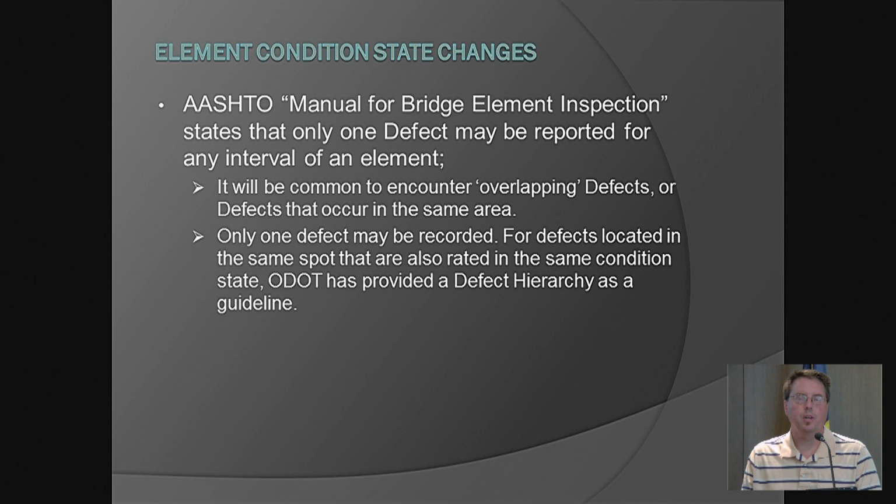So ASHA said that we can only record one defect in that one section, and the reason being is that if you started to record multiple defects in one section, then your quantities are going to exceed your total parent. So an example of that, say if we had 20 feet of girder, we noticed again we had a spall with some exposed rebar. You would say, okay, I have 1 foot of spall and 1 foot of exposed rebar.